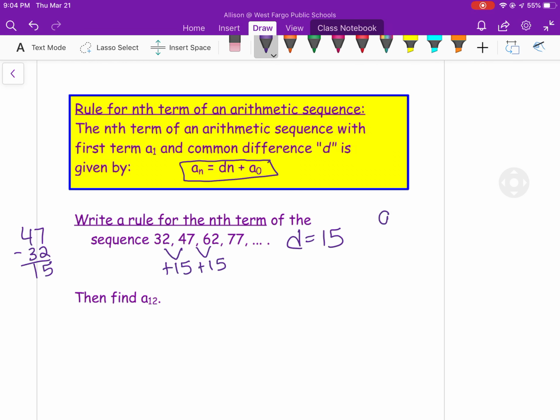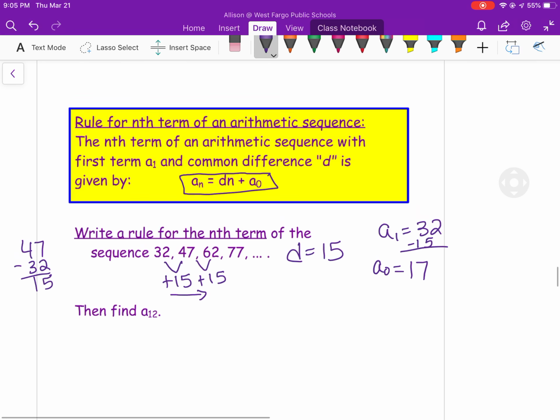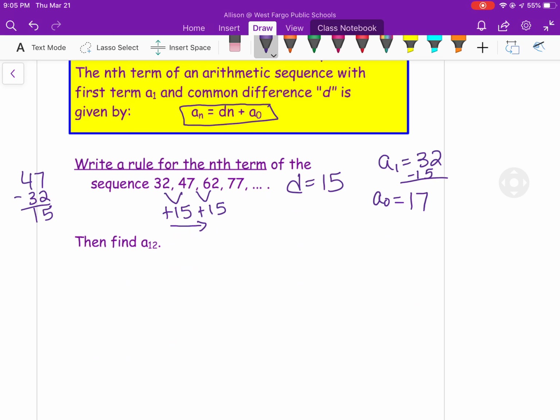And I know that a sub 1, the first term, is 32. If I'm adding 15 going to the right, if I want to go back to a sub 0, I'm going to have to subtract 15 from that first term. So I have to do the opposite. So if I take 32 minus 15, my a sub 0 is going to be 17. So the term before the first term is 17.